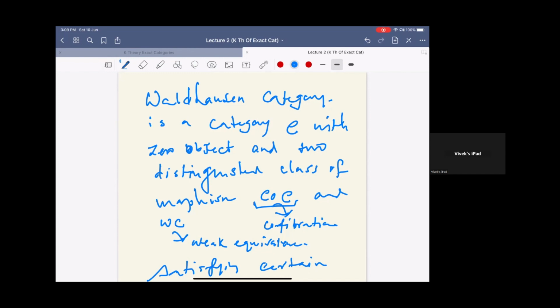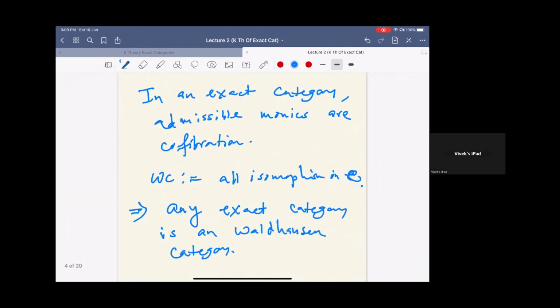Okay. So of course, any exact category is always Waldhausen. Our known examples, vector bundles over X and coherent modules over X, are exact categories as well as Waldhausen. But there are some topological categories, some examples which I'm not going to discuss in this lecture, which are Waldhausen but not exact. Mostly you have to choose some non-additive category.